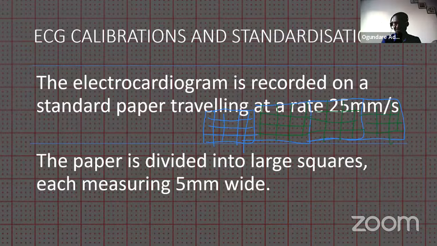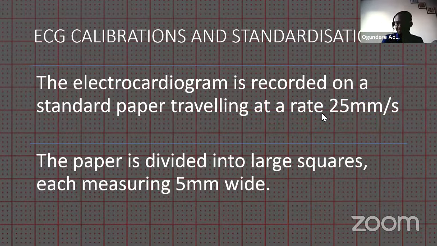And here I'll just ask you a very quick question. If the standard ECG paper speed is 25 millimeter per second, and I've just said that a large square is 5 millimeter wide, how many large squares or large boxes will be traveled in a second?